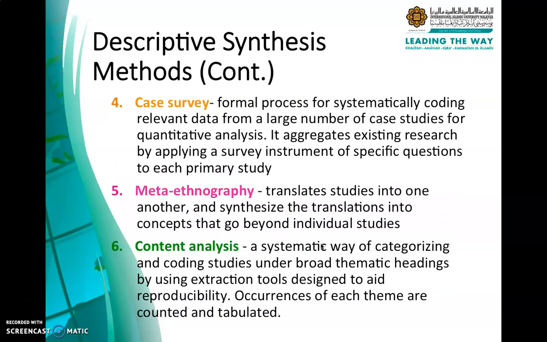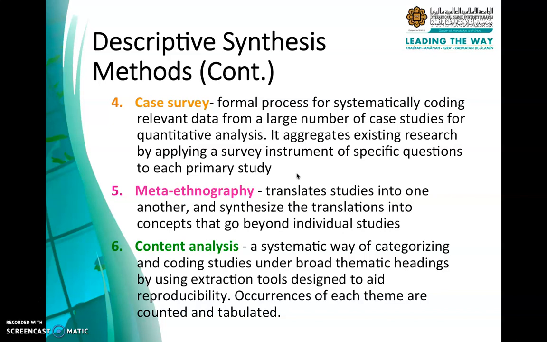And number 4, case survey, not case study, case survey. This is a formal process for systematically coding relevant data from a large number of case studies for quantitative analysis. It aggregates existing research by applying a survey instrument of specific questions to each primary study. This method is particularly suitable if you are dealing with a large number of case studies.